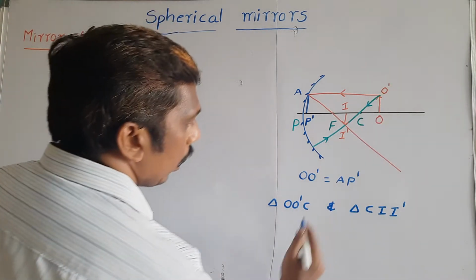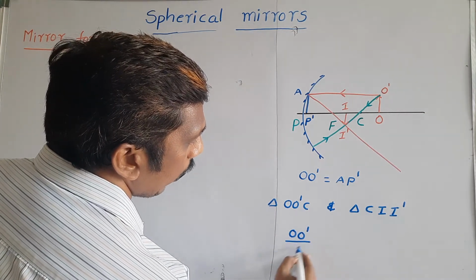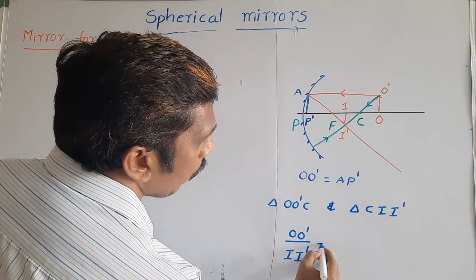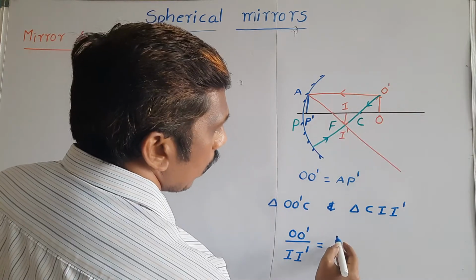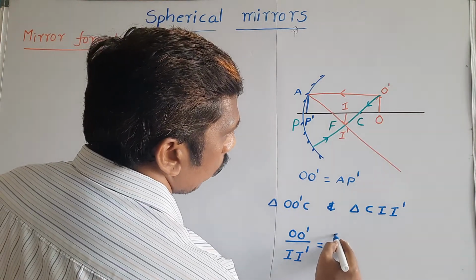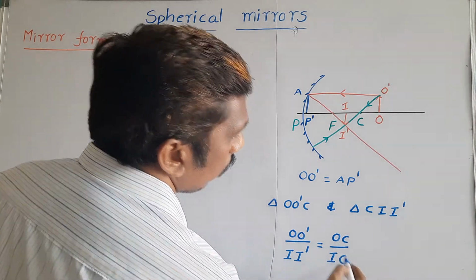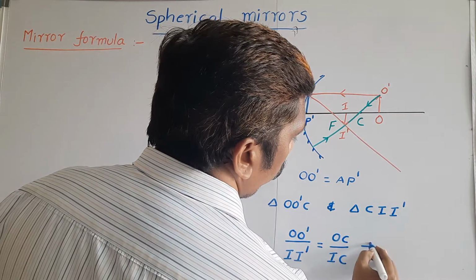So we can write O dash by I dash is equal to OC divided by IC. We got one relation. Say this is relation 1.